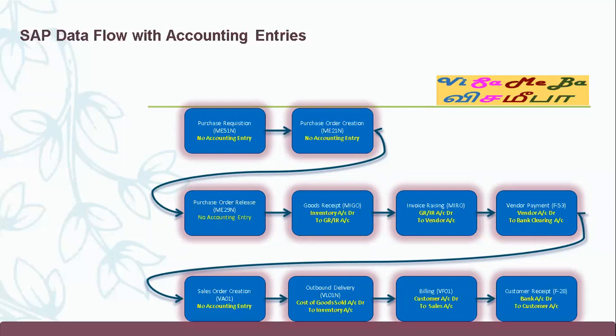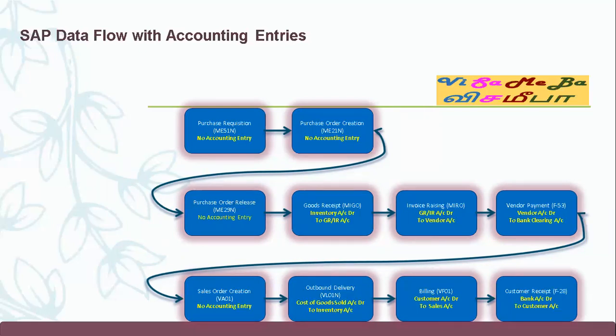Next, a purchase order creation is raised, and there is no accounting entry for that, by means of which the vendor gets an authorized document asking for a list of raw materials, and the terms and conditions are all in the purchase order. The purchase order is released and that also does not have any accounting entry in finance.